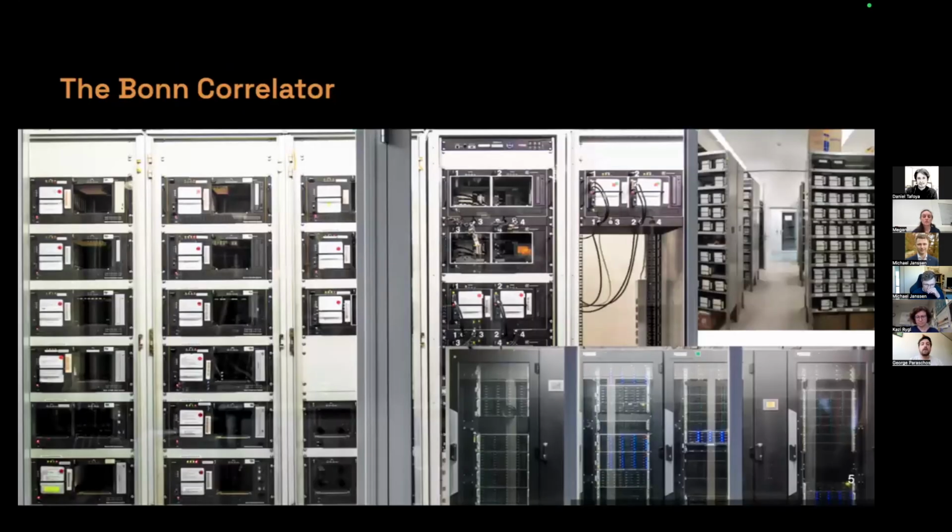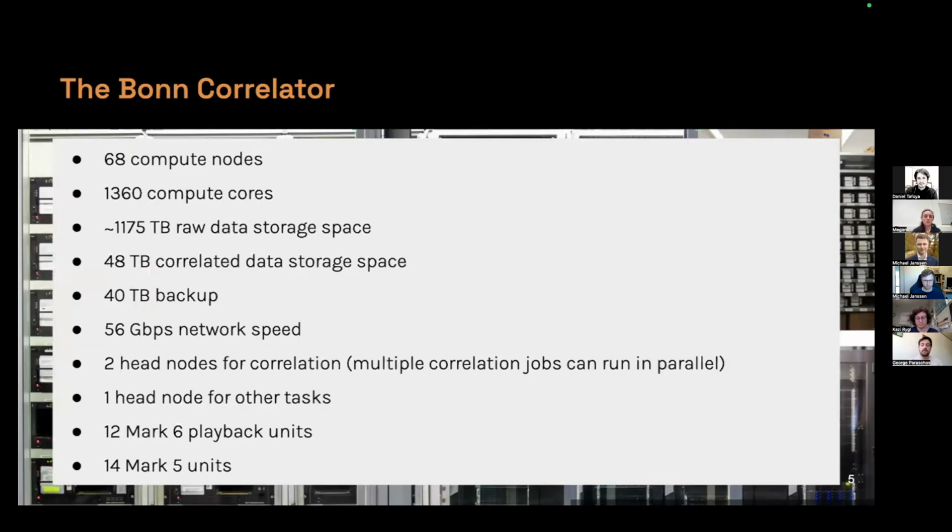Briefly to mention the Bonn correlator, the part that I'm working at. You can see here the Mark 6 module slots on the left, the module library on the top right, and the correlator itself at the bottom right. Some technical specifications of the correlator are that we have around 68 compute nodes, 1,360 cores, with data storage of around 1,200 terabytes, 48 terabytes of correlated data storage space and 40 terabytes of backup.